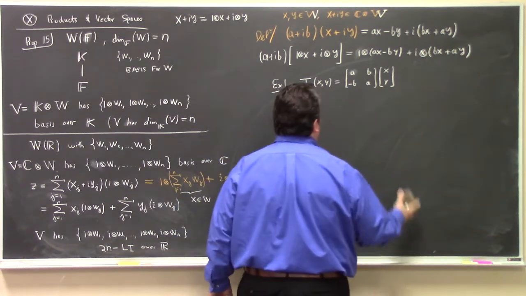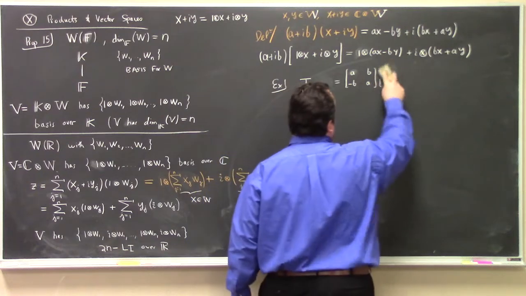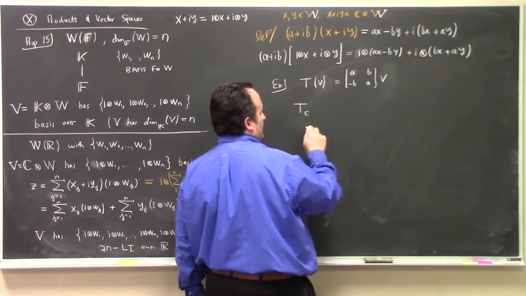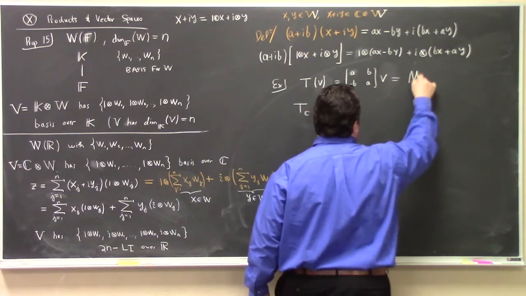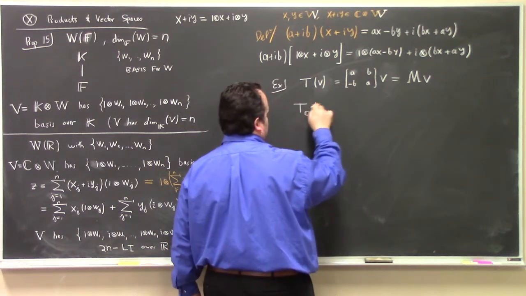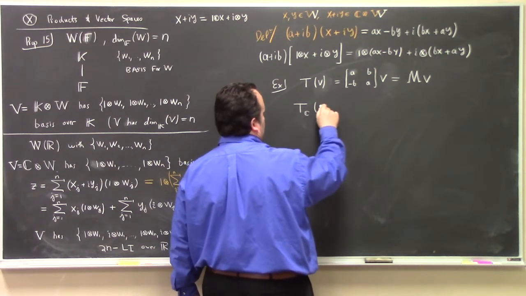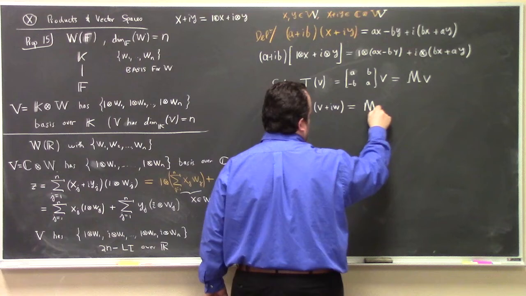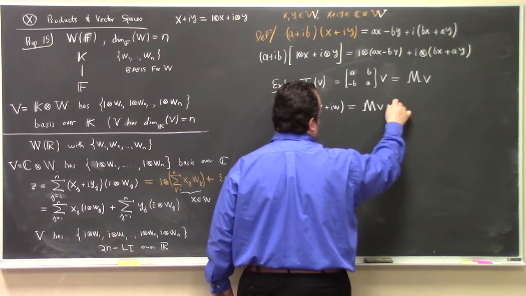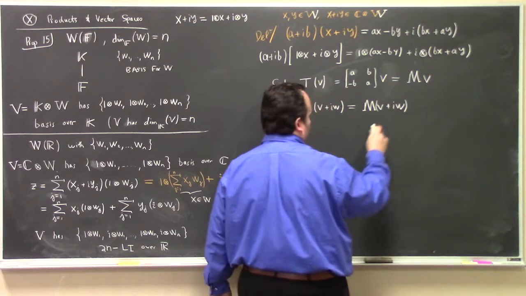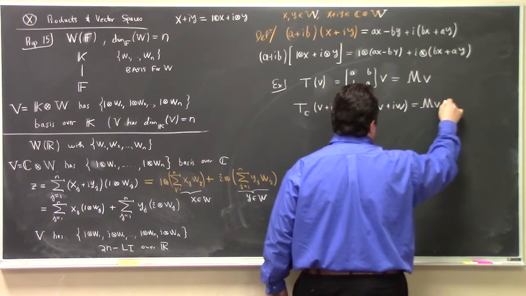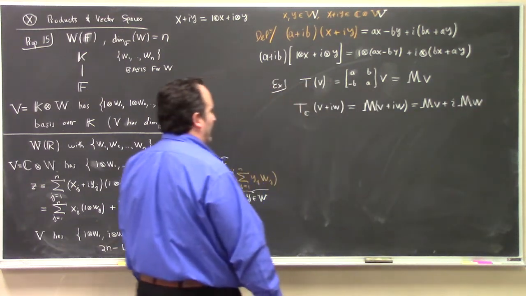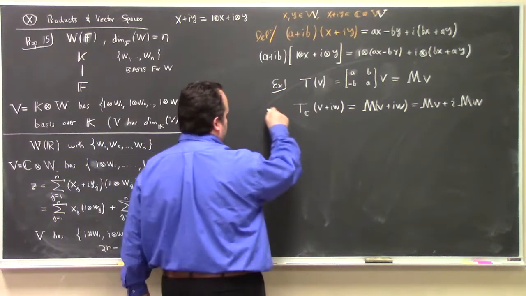Let me make my life a little easier: T of v equals M v, so I'll call that M. So Tc of a typical vector in the complexification of R2, which has the form v plus iw, is just M times v plus iw, which of course is Mv plus iMw. So this is a definition for T sub c.